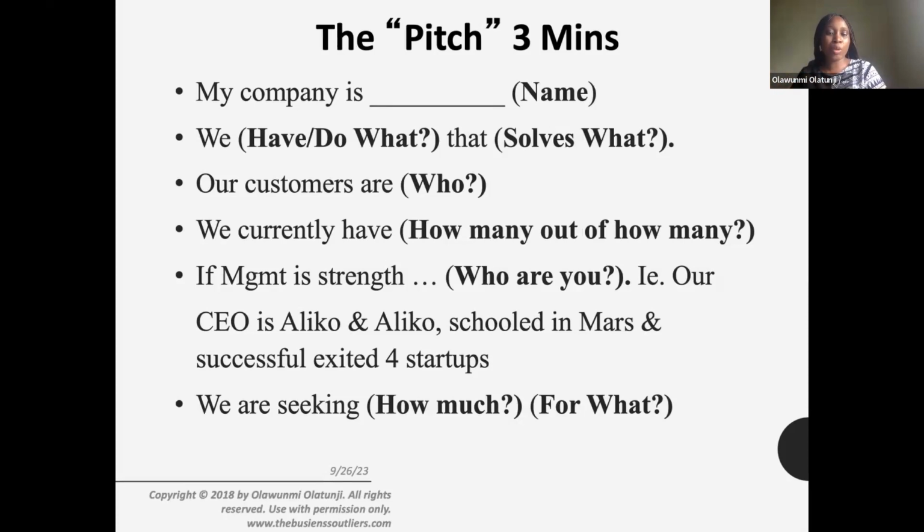Then your management strength: who are the people actually running this enterprise? For instance, our CEO went to a school that is very important, or has experience exiting startups, developing social enterprises, or managing funds. Whatever puts the team in a very good light is very important to have in that 3-minute speech. And then, of course, exactly how much you're pitching.